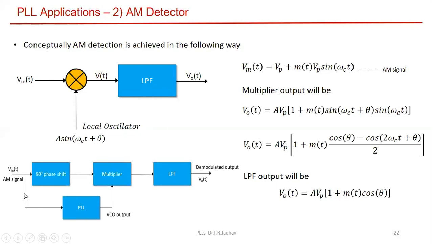It locks on the AM signal, tracks the carrier frequency and generates an output equal to the carrier frequency. A very simple concept. But while doing that, it adds a phase shift of 90 degrees, and that's why to handle this, we have to add the 90-degree phase shift in the other path also. So this is the block diagram of the AM detector using PLL.